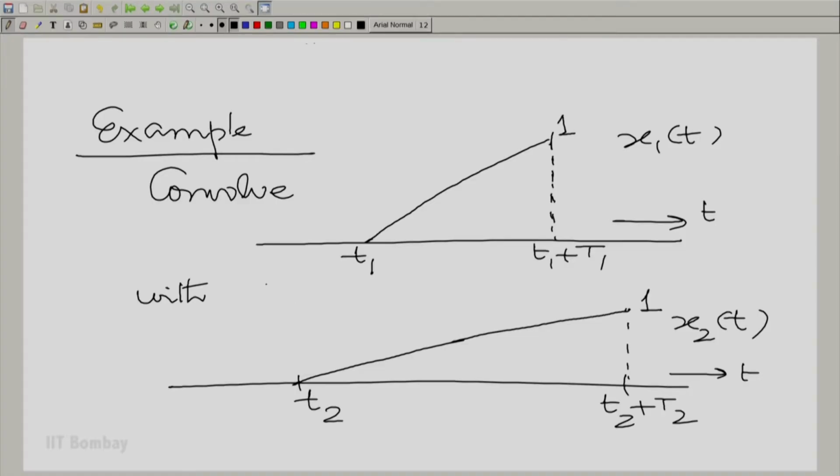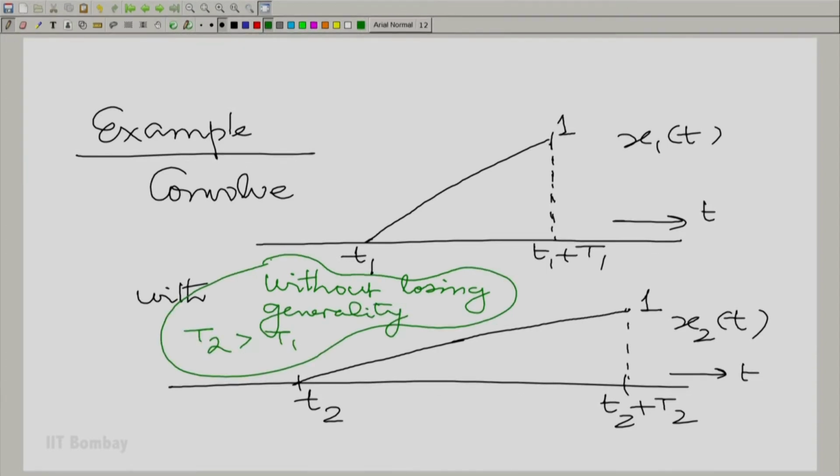But you have to be careful. Again, without loss of generality, let us take capital T2 to be greater than capital T1, because we can always interchange the order of the functions and the convolution is not affected. So, without loss of generality here, let T2 be greater than T1.